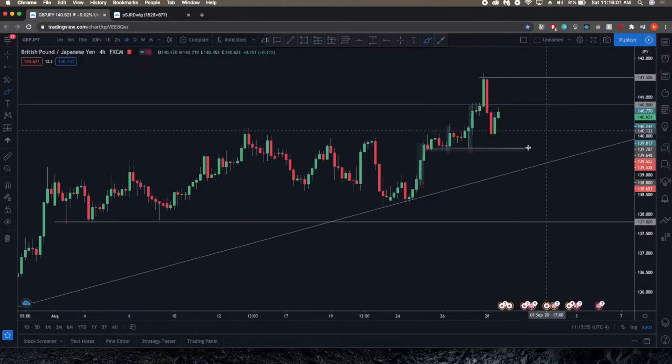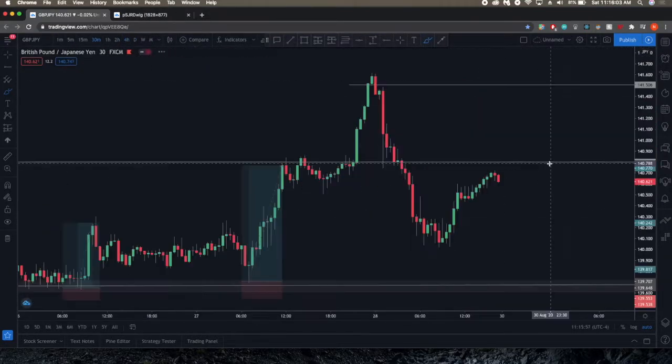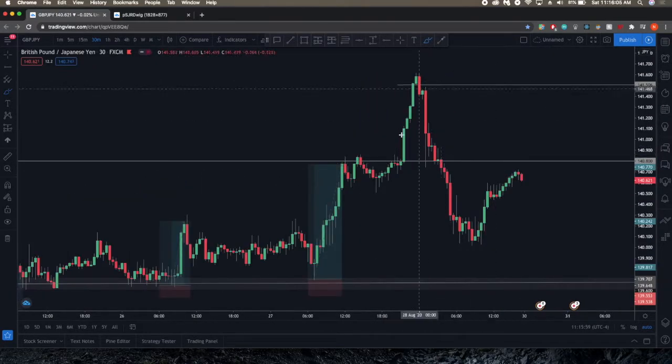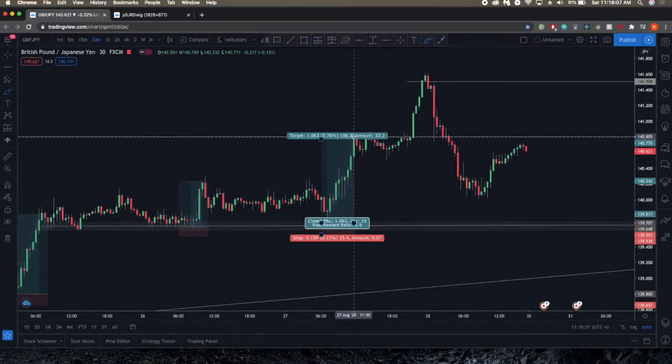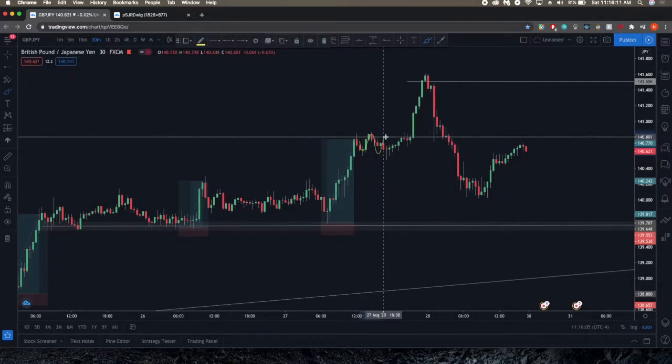So we had that, and then what we saw was after that move ended and before London closed on Thursday, price started consolidating at 140.8. And once we broke 140.8, this was an Asian, we pushed up. So we continued up.